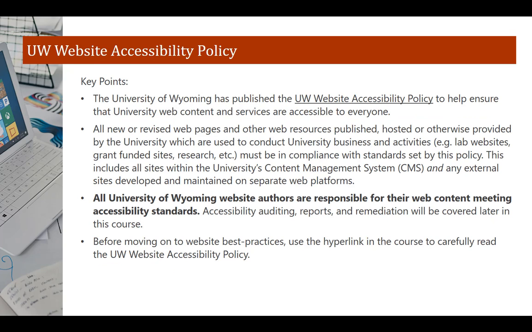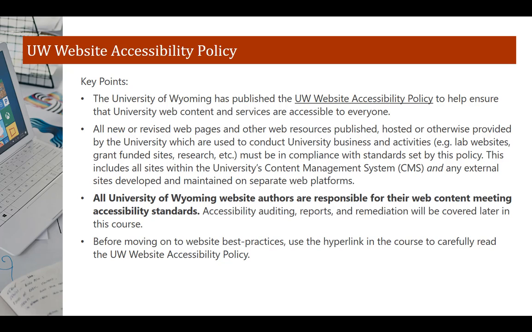The University of Wyoming has published the UW Website Accessibility Policy to help ensure that university web content and services are accessible to everyone. All new or revised web pages and other web resources published, hosted, or otherwise provided by the university, which are used to conduct university business and activities, including lab websites, grant-funded sites, research, etc., must be in compliance with standards set by this policy.